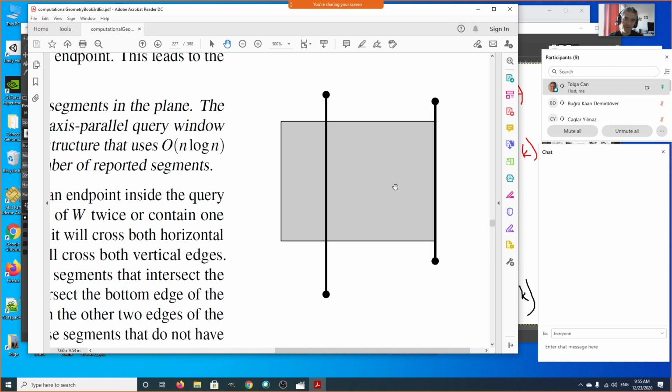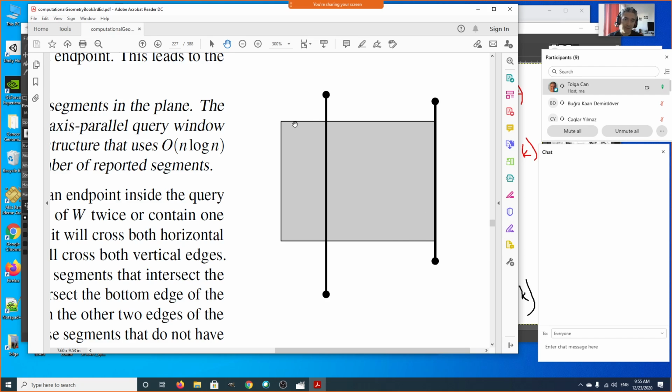But the way we first try to find a solution to this problem is just try to simplify the cases, try to identify sub-problems. First of all, by observing that the techniques in chapter 5 can be used for line segments which have one endpoint in the query window, reduces the problem to cases like this, all right?